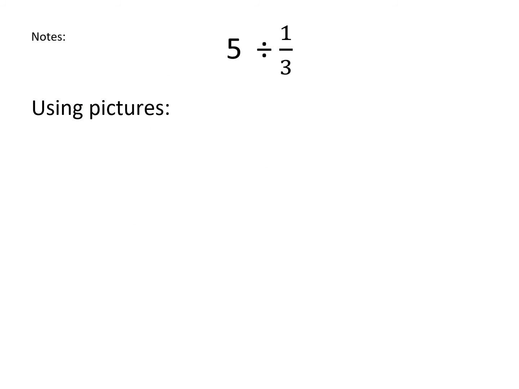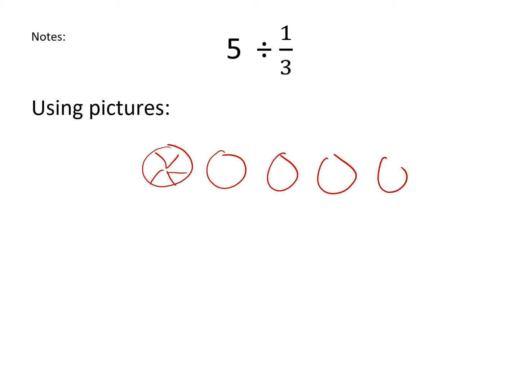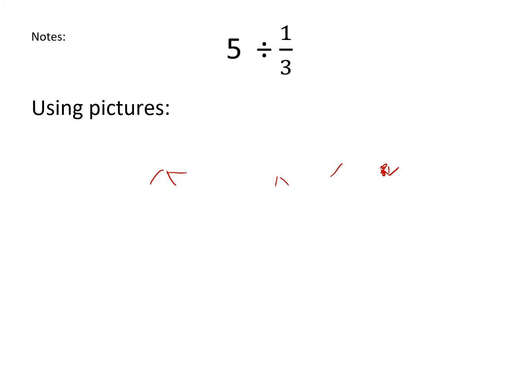So 5 divided by 1/3. Let's use pictures. I've got 5 wholes. I break them into fifths. Not very good at drawing fifths, I'm sorry. I shade in. Oh, I'm sorry, it should be thirds. I made a mistake. 1, 2, 3, 4, 5.